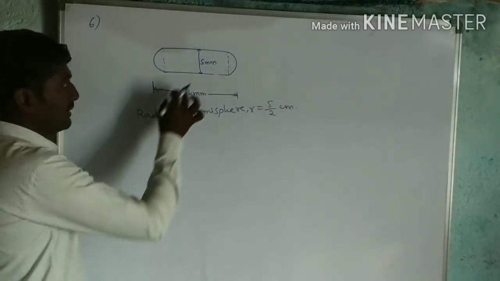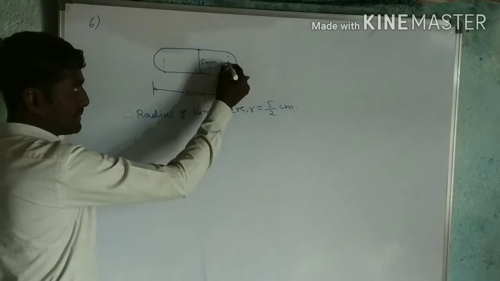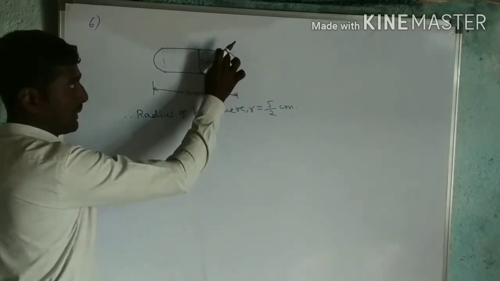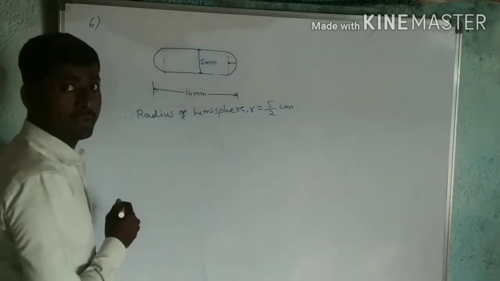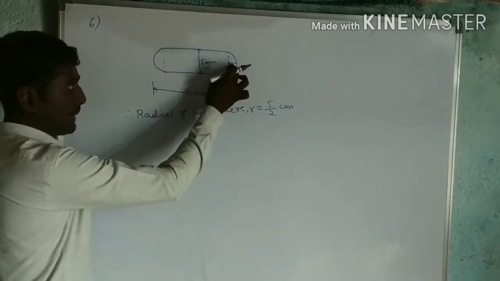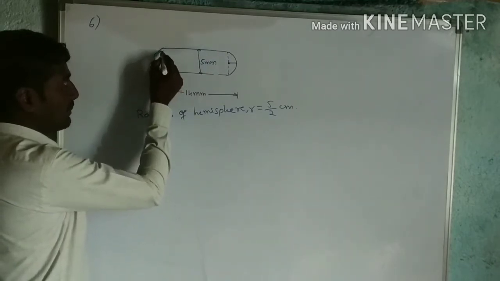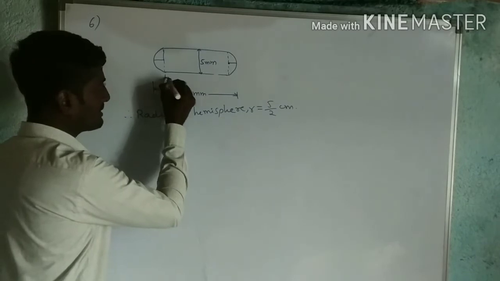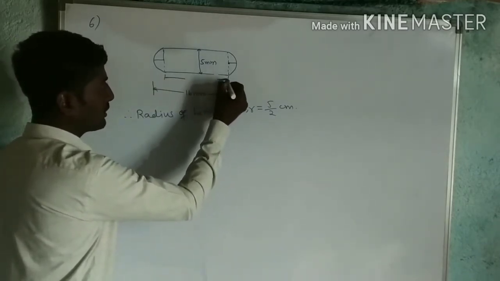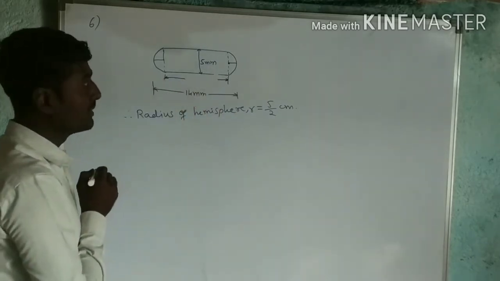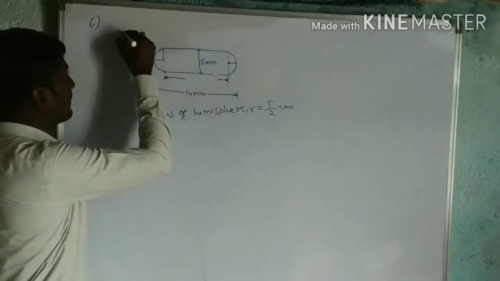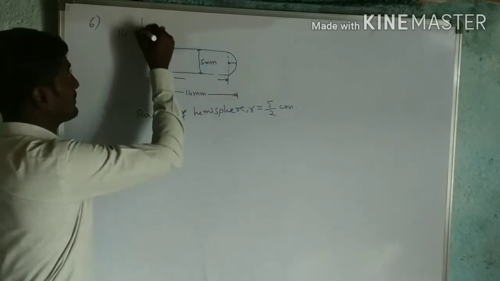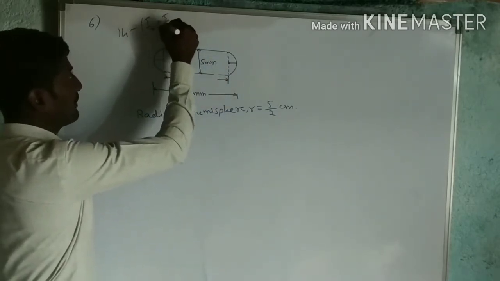Since it is a hemisphere, from here to here the radius is 5 by 2, and this is also 5 by 2. I want the height of the cylinder, which is the length of the cylindrical part. In total it is 14, minus, I have to remove these two, that is 5 by 2 plus 5 by 2.